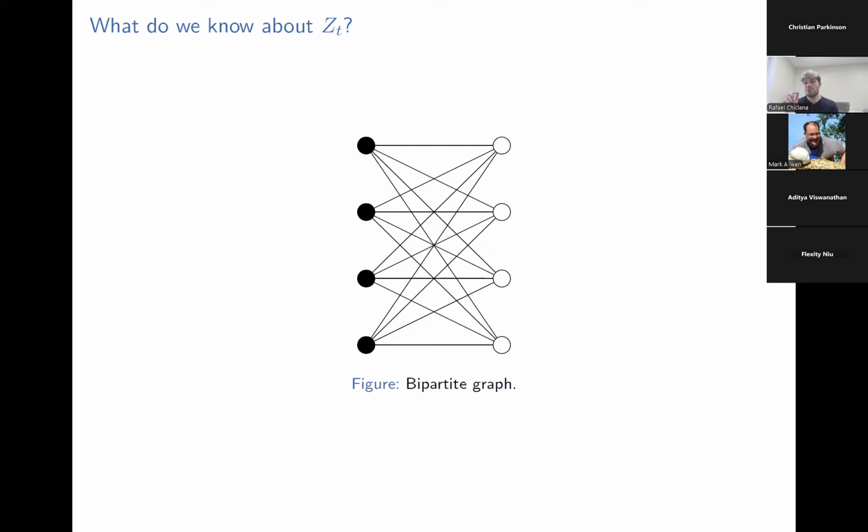And now to find the next label, I will move to a random neighbor. But in this graph, all my neighbors belong to the set of zeros. So if my first vertex was a 1, with 100% probability, my next vertex will be a 0.